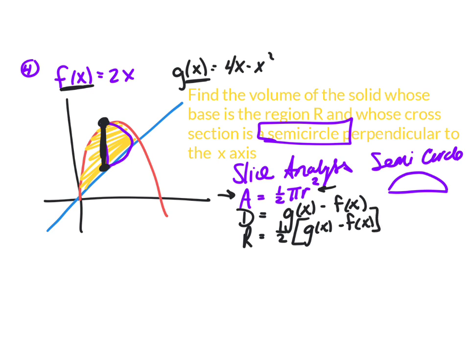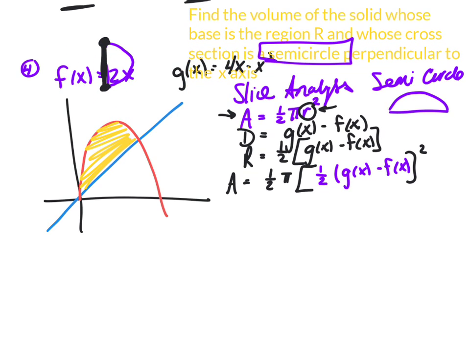Okay, so now I'm going to go to the area formula because that was the only variable in there. Area equals 1/2 pi. And now be very careful here. I have to take whatever I wrote for radius and put it inside here and square it. So there's lots of brackets and parentheses. Be super careful. That quantity squared. Now again, watch my math here. Don't take this for granted. Let's not be sloppy.